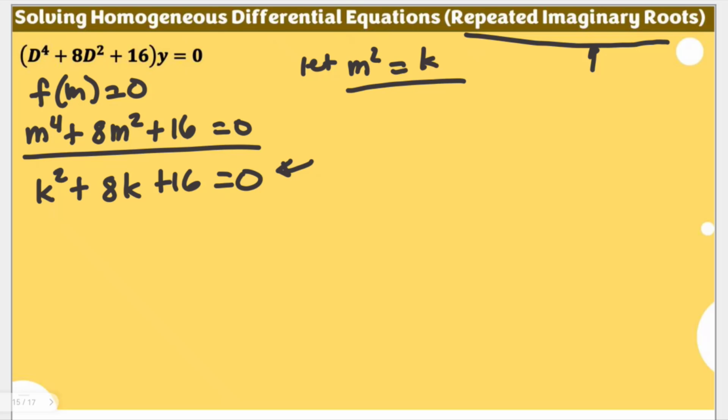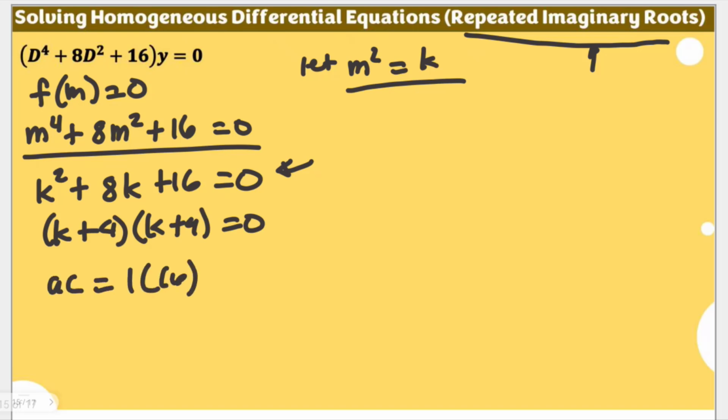And this is actually a perfect square trinomial. You could see that the factors here are k plus 4 and k plus 4. As we use the AC method, 1 times 16 is 16.